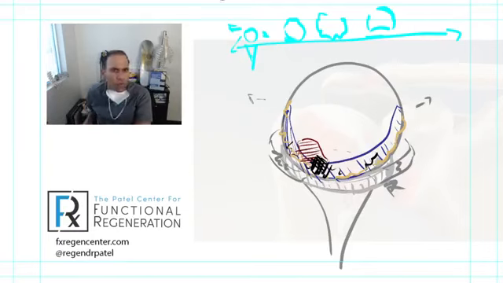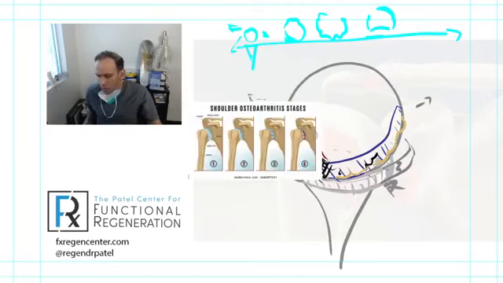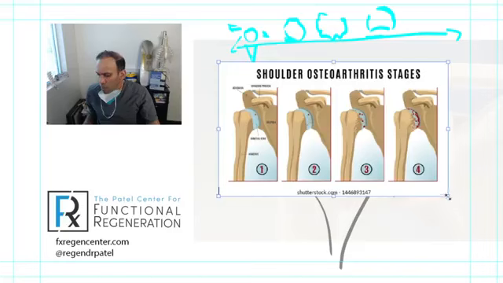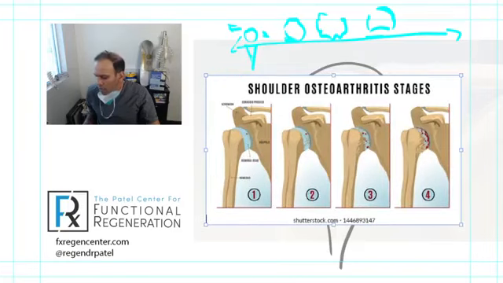So what does it look like to have shoulder arthritis, and what do we worry about? What do we not worry about, right? So when we look at arthritis here, here's a nice diagram of what the different stages of arthritis kind of look like.